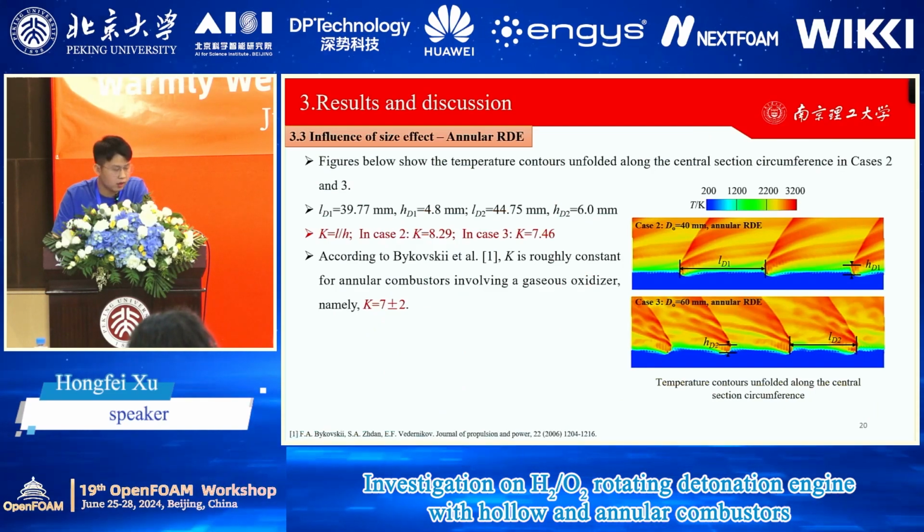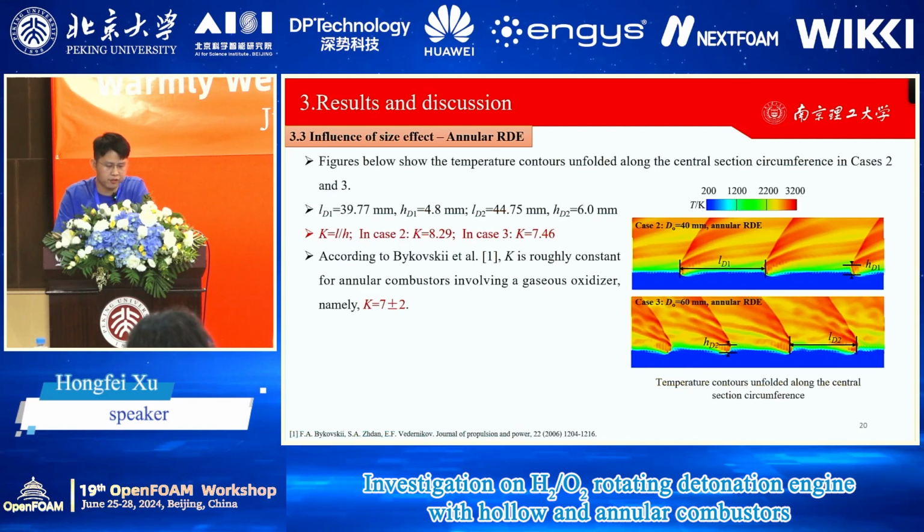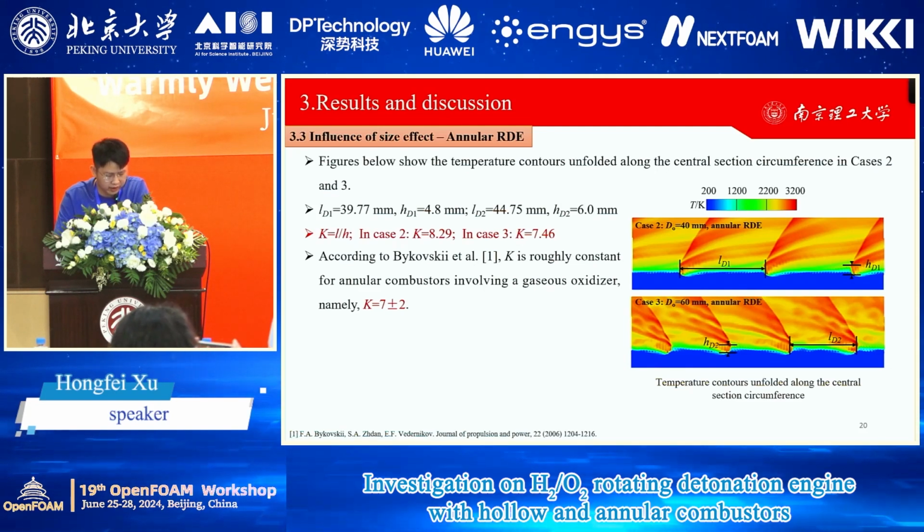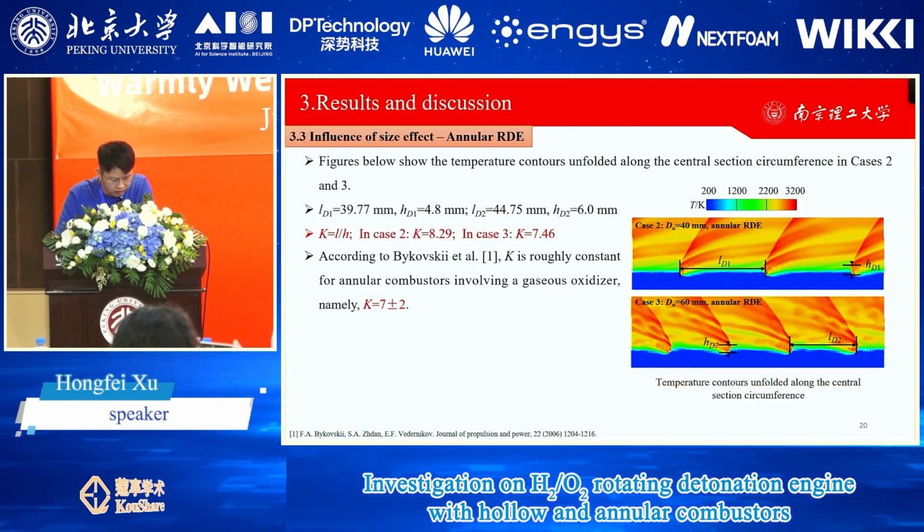Now we discuss the influence of size effect. First is the annular RDE, as shown in the figures. The ratio of the length to the height of the detonation wave is similar.